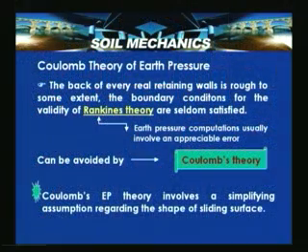Now, having discussed Rankine's theory, we know that in many situations, most of the retaining walls which exist are not smooth in nature. In such situations, we use Coulomb's theory of earth pressure, which was put forward almost a century prior to Rankine's theory.